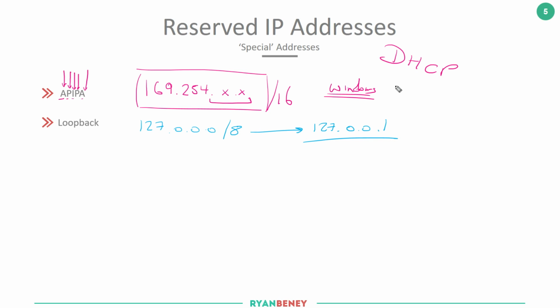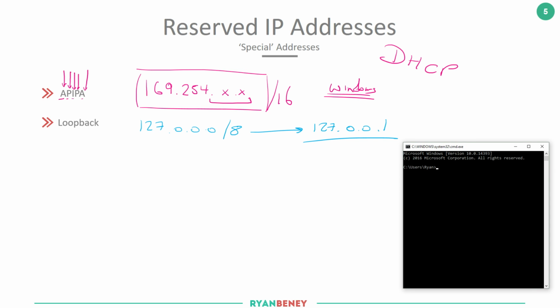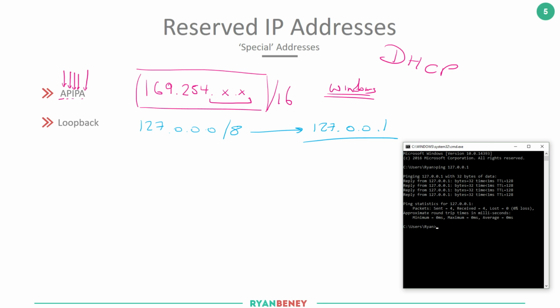If you open up your command prompt, which I'll do now, and ping 127.0.0.1, you'll notice that it gets a response. What we're doing there is testing my TCP/IP stack against my NIC. So if you believe that maybe TCP or IP is not working as expected on the particular device you're on, you can ping yourself.